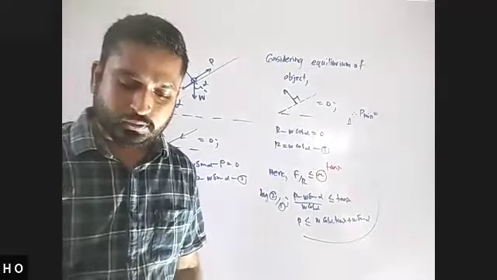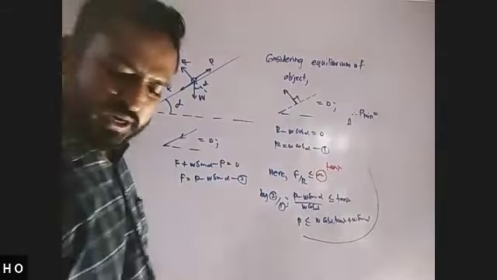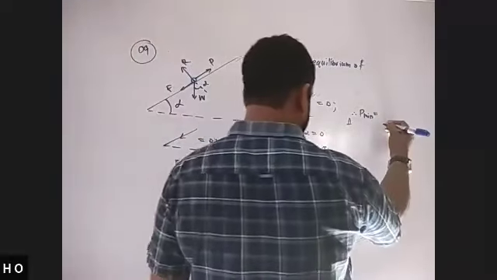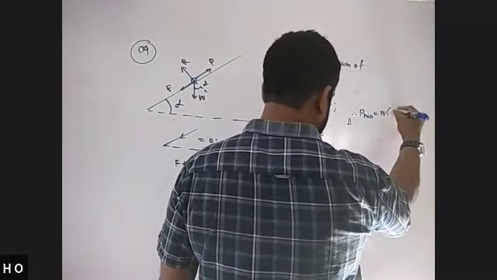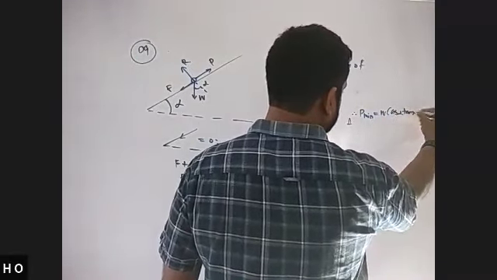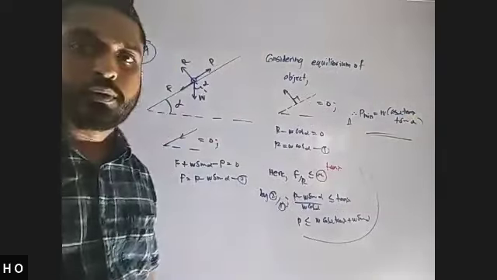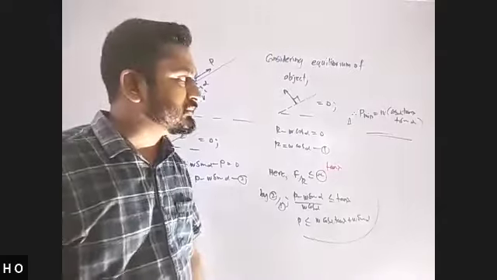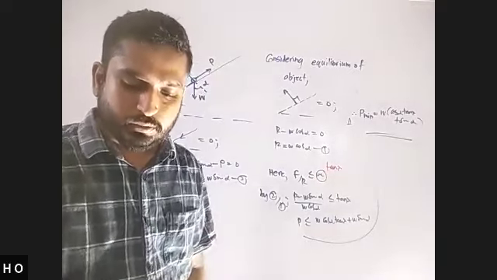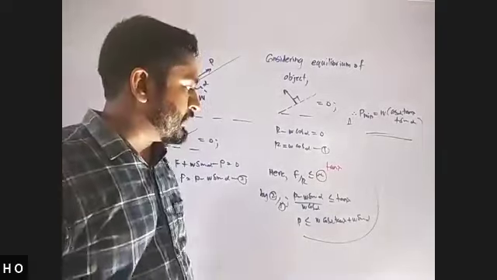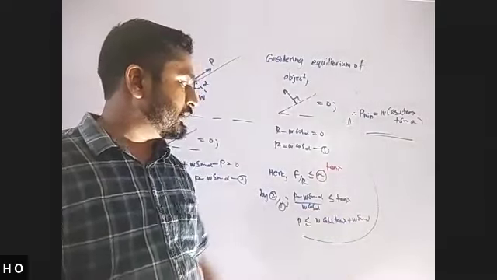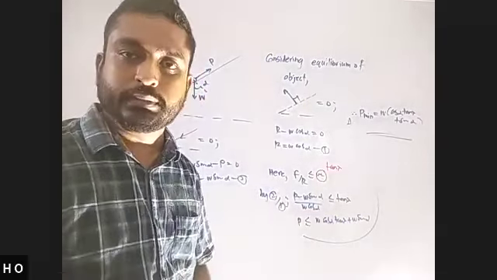They don't ask for further simplification, so that is okay. P min is going to be W, taking W out, cos alpha tan lambda plus sin alpha. Clear?